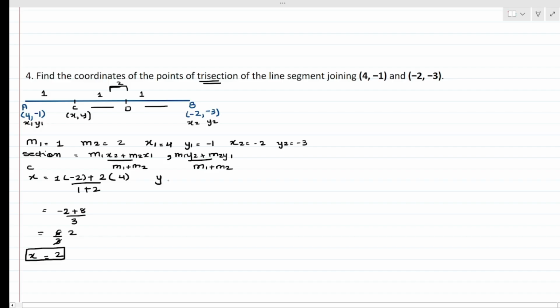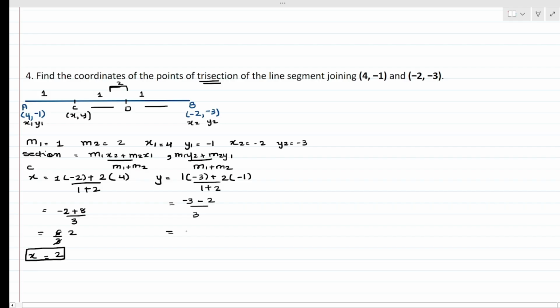Now in the same way find out the value of Y. So apply the formula. What is my M1? My M1 is 1. Multiply by, what is my Y2? My Y2 is minus 3, plus 2 times, what is my Y1? It's minus 1, upon 1 plus 2. Now solve this. 1 times minus 3 gives you minus 3, plus 2 ones are 2, minus 2, upon 2 plus 1 gives you 3.